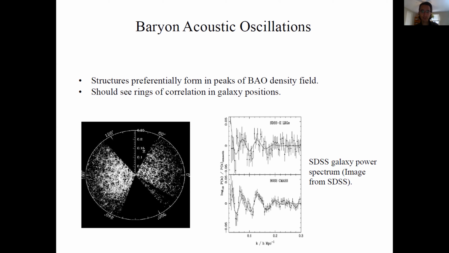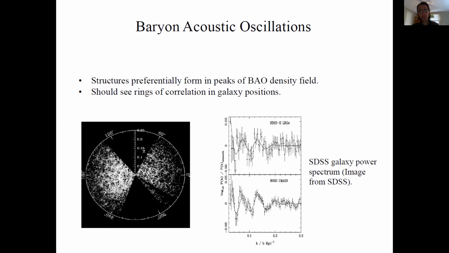We've been doing this in the optical, looking at spectroscopic redshift surveys. I have a plot here from the SDSS survey and the corresponding power spectrum. The wave in the power spectrum there is exactly what you expect from these acoustic oscillations.